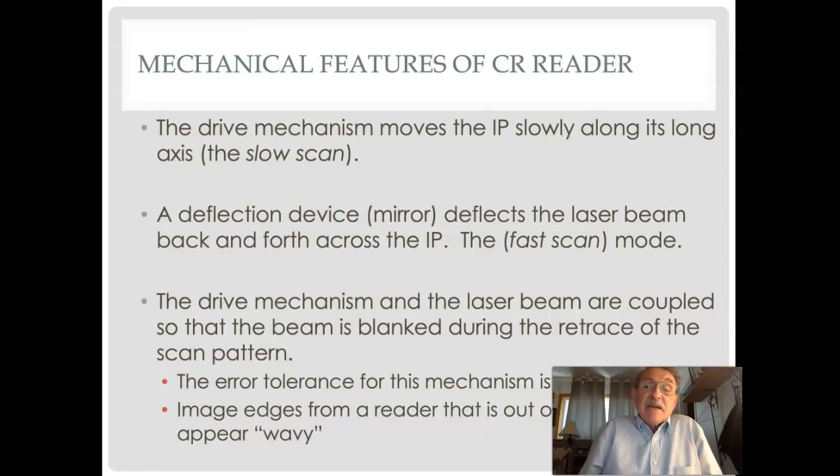It's important that the drive mechanism and the laser beam are coupled so that the beam is blanked during the retrace of the scan pattern. As it goes back to zero to scan the plate again, it needs to understand that we have already scanned that line, and so we need to move the plate forward incrementally and scan the next line.